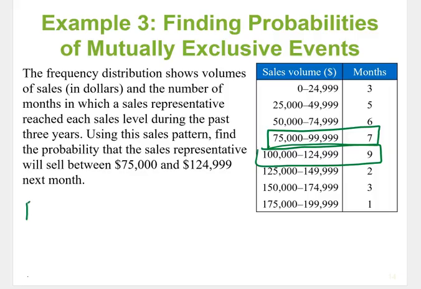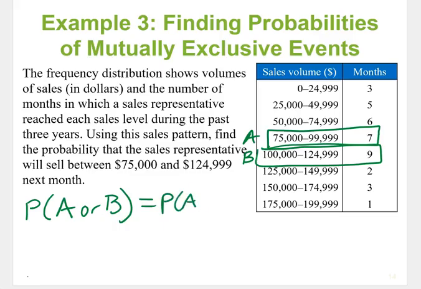So for this one, we'll just call this event A and this event B. So we want A or B, and because they are mutually exclusive, we're just going to add their two probabilities together. So probability that we get that 75 range, that would be 7 out of the, let's see, add all these up.